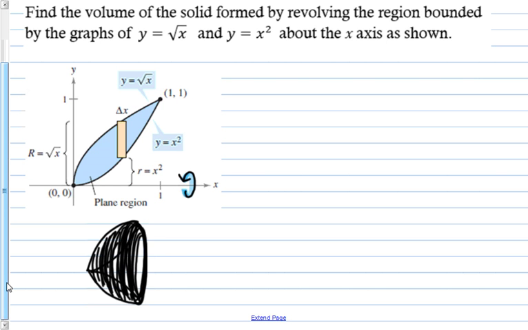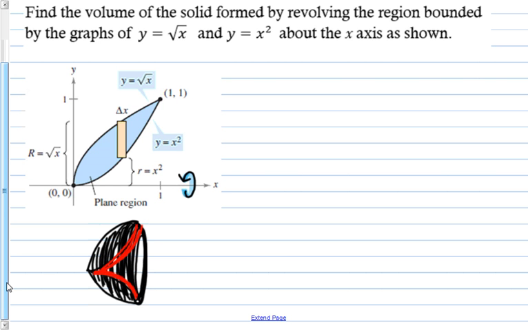And on the inside, it's going to look like this on the inside. Okay? Right. Now, find the volume of the solids formed by revolving the region, these two equations. Basically, figure out which one is the outer one.